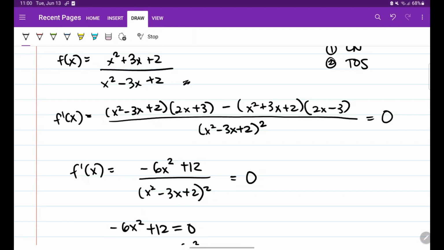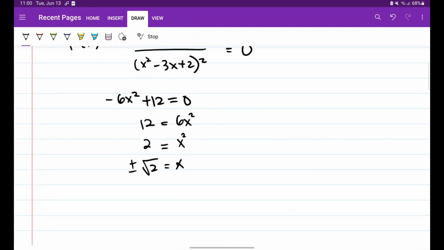Okay? So, next naman is yung denominator. So, x squared minus 3x plus 2 squared equals 0. No? So, the thing here is, we can solve for values of x here. Okay?